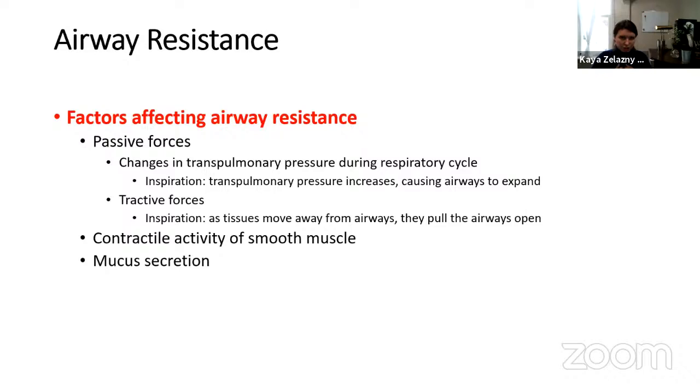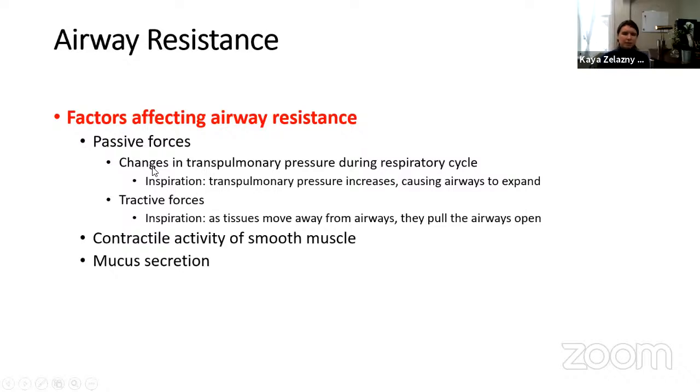There's flesh touching them and it pulls on the airways. So as the tissue moves away from the airways, as your physical ribs expand, they physically pull on the airways due to some connections there. Those are your tractive forces. Those are our passive forces that affect airway resistance.